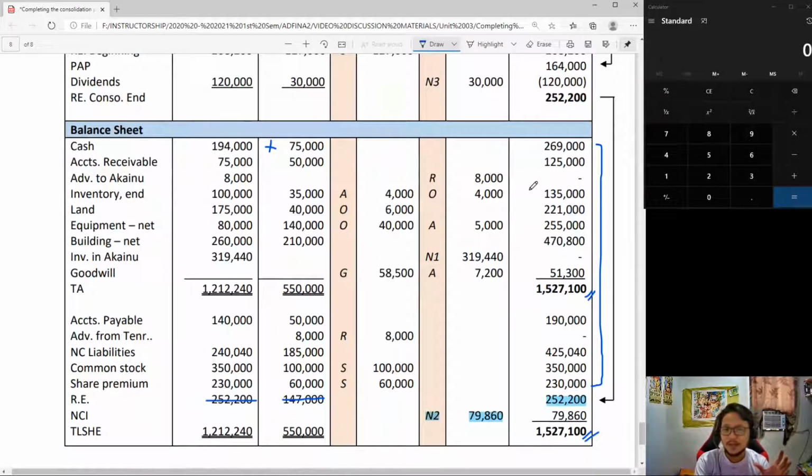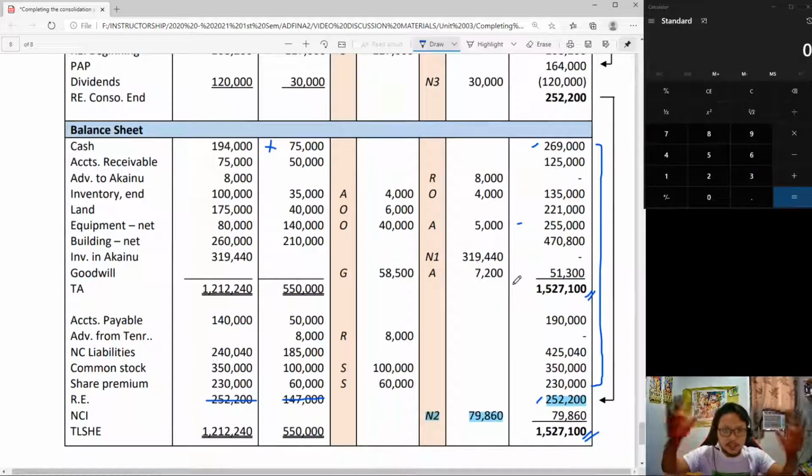Usually, ang nangyayari po in a multiple choice question is tatanungin ka ano ang balance ng RE, tatanungin ka ano ang balance ng cash, tatanungin ka ano ang balance ng equipment, ano ang total assets, ano ang current assets, ano ang total liabilities, and so on and so forth.